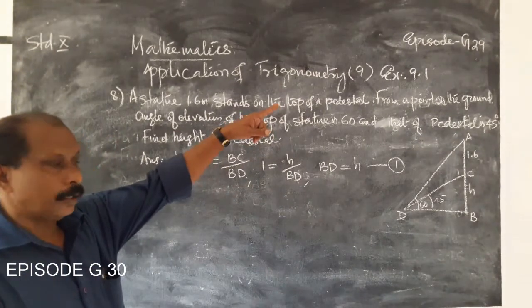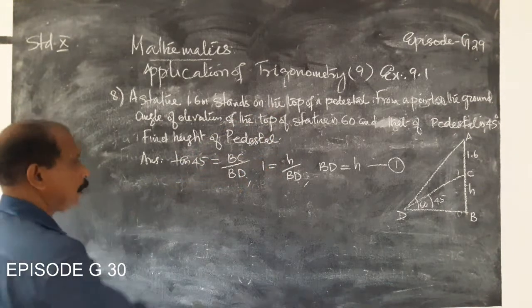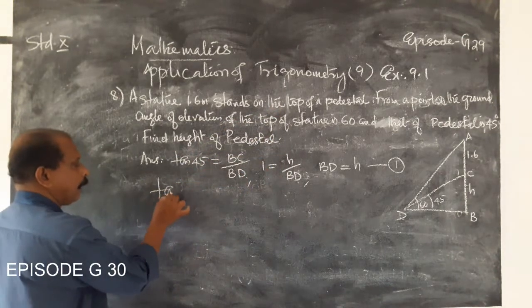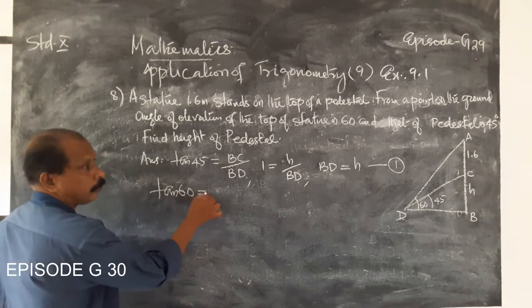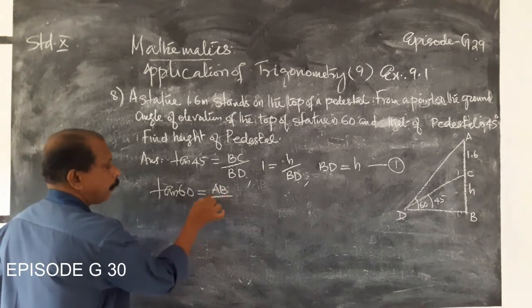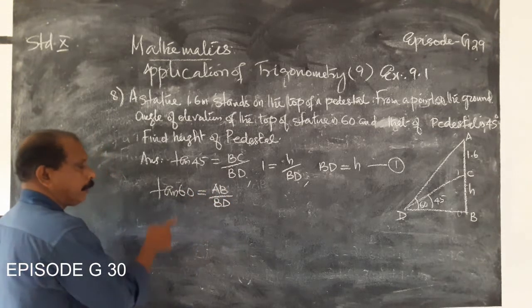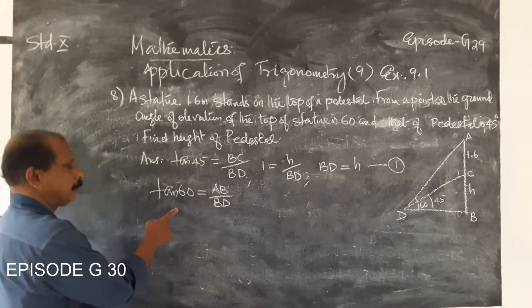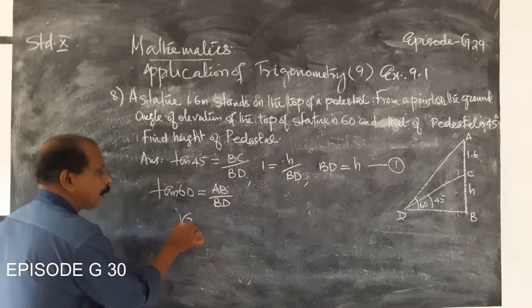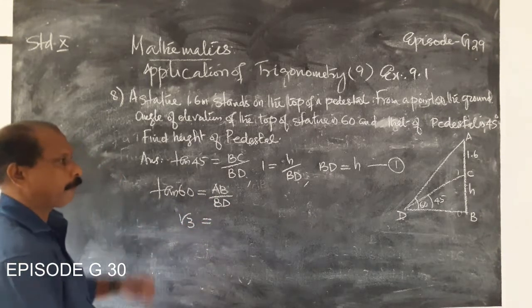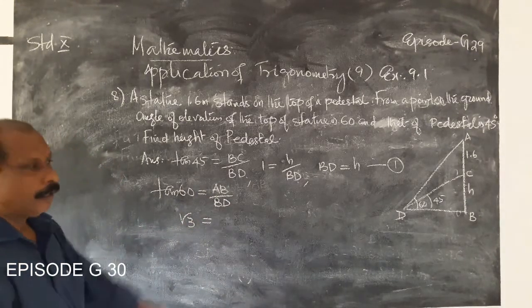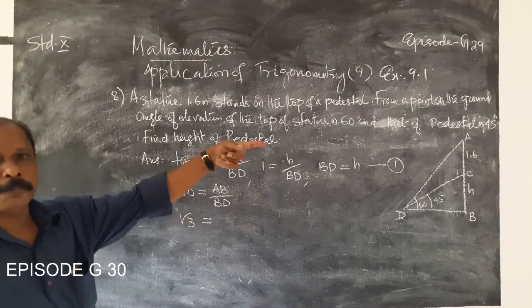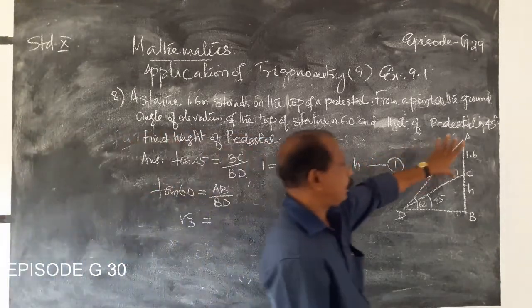Then using the second triangle ABD, tan 60 is equal to AB by BD. What is tan 60? It is root 3. AB is what? H plus 1.6, this one is 1.6.